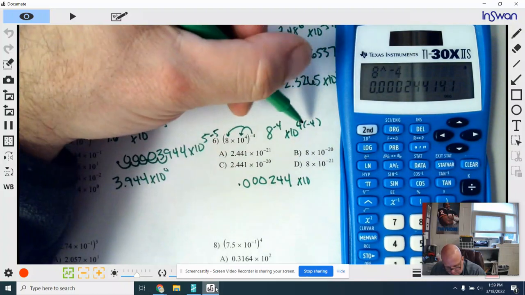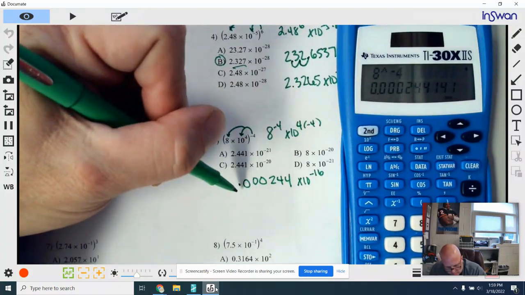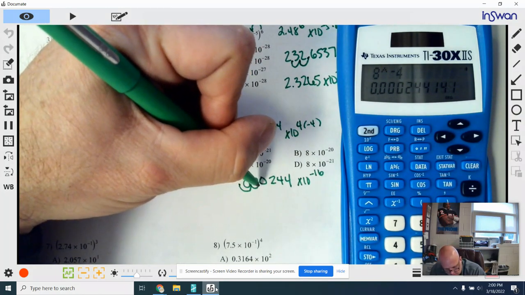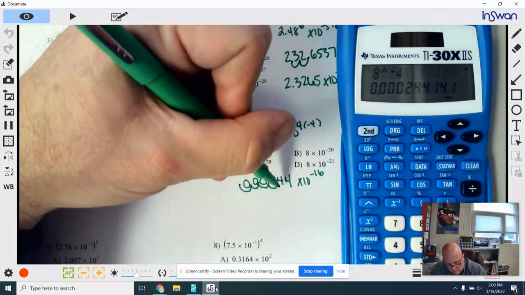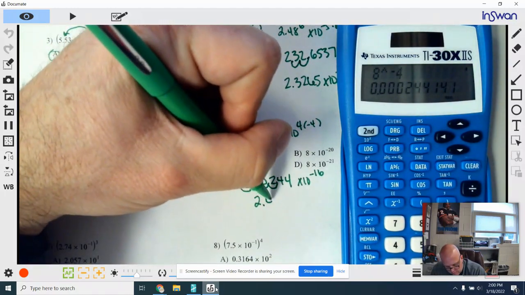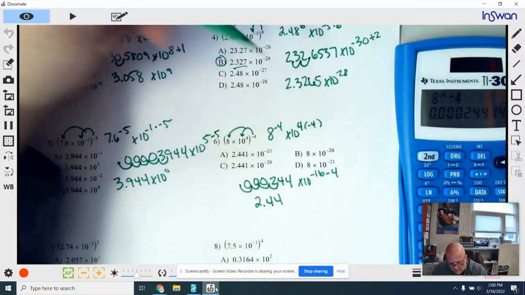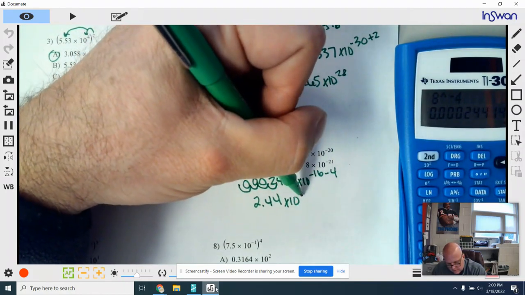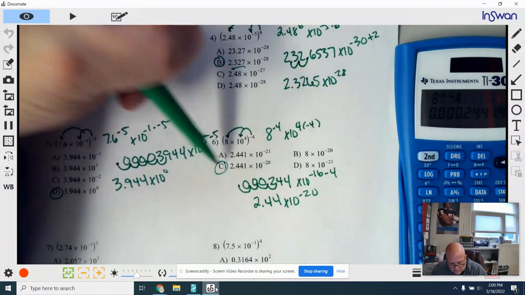Times 10. 4 times negative 4 is negative 16. Okay, this number is too small, so we got to start moving it back. Once, twice, 3 times, 4 times. Move it back 4 times. You got a base number of about 2.44. And I need to subtract 4 because I moved it back. So it's times 10, negative 16 minus 4 is negative 20, which is going to match up with letter C.